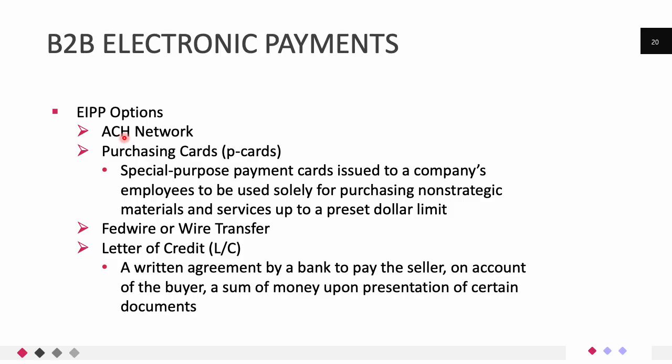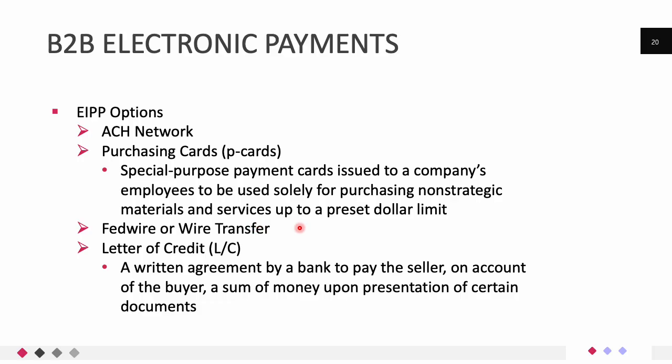Then we have the purchasing card, or P cards for short, and these are special purpose payment cards that companies give to their employees specifically for buying work-related stuff like office supplies, equipment, or services, and they usually come with preset spending limits to keep things under control.